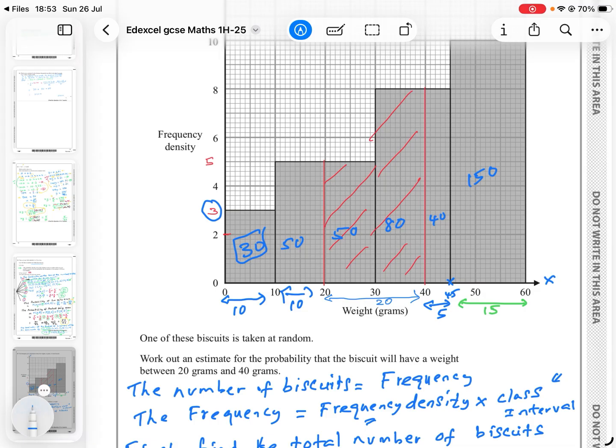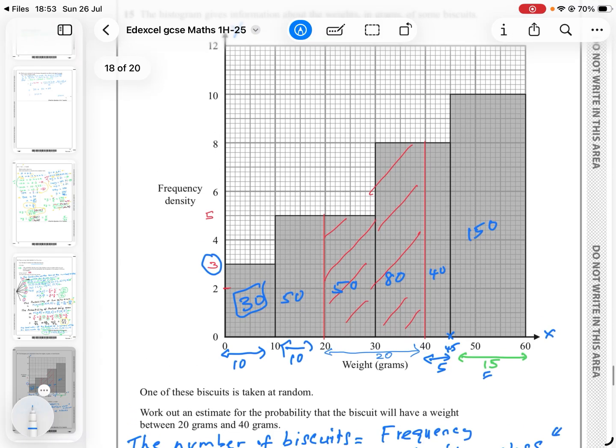Again 10 times 5, 50. Again 10 times 8, 80. So 80 biscuits. Then 45 take away 5, class interval 5, 5 times 8 is 40 biscuits. Then this one, 60 take away 45 is 15, 15 times 10 here is 150.